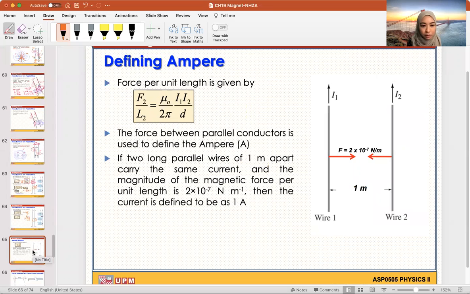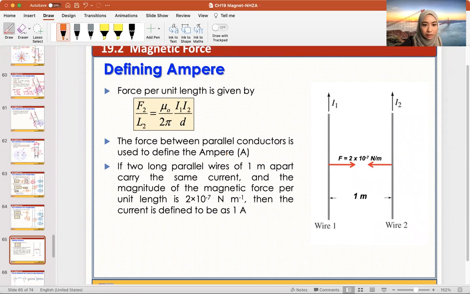Alright, so the force per unit length is given by the same equation. Wait, it's not. What is this? Hold on, defining Ampere. Okay. So F equals ILB. We want to rearrange to F over L, so I'm left with IB.